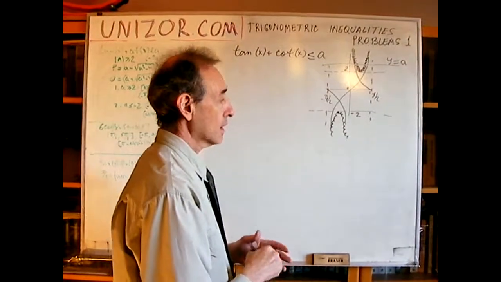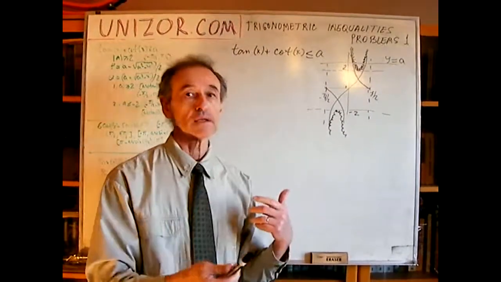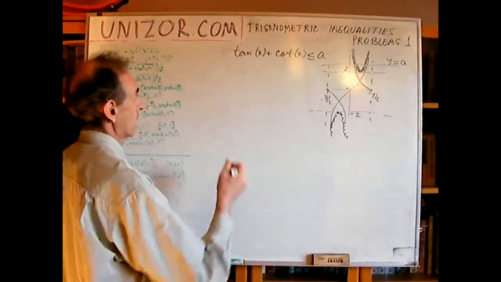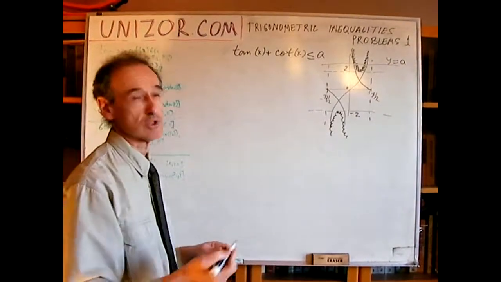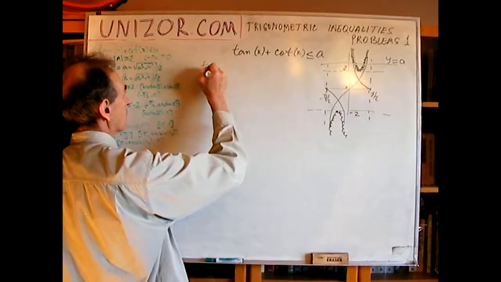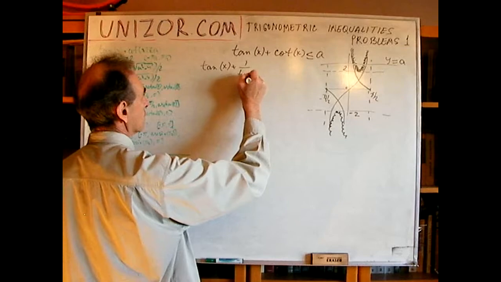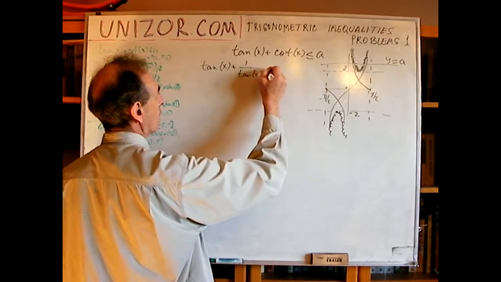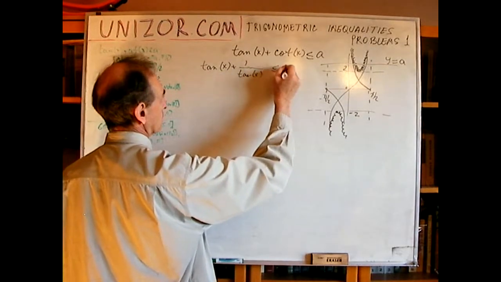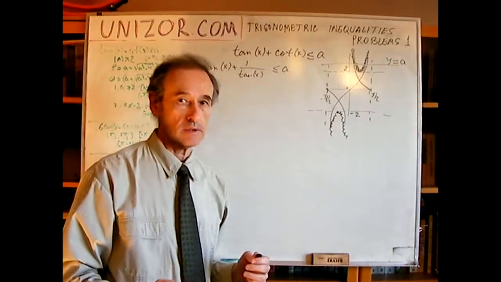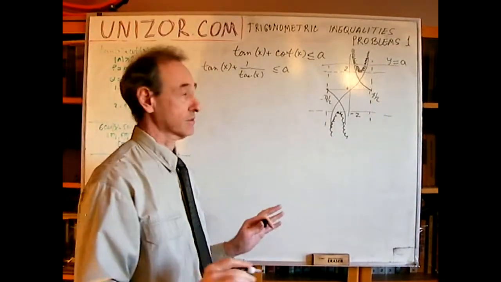Now, again, we have the problem, tangent and cotangent, and we don't like it. However, we do know that cotangent is 1 over tangent, right? So what I have here is tangent of x plus 1 over tangent of x less than or equal to a. Now, that's a little bit easier, but not that easy yet.